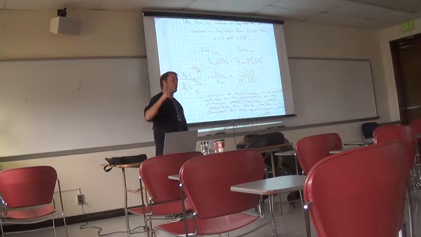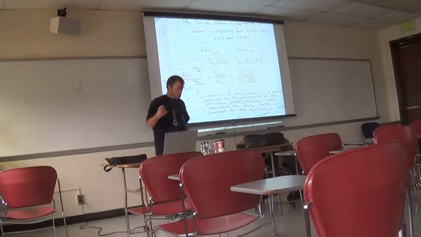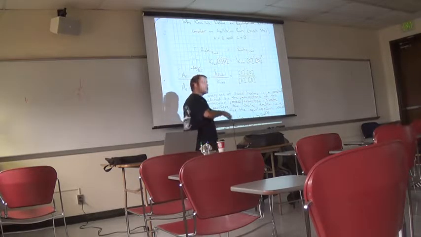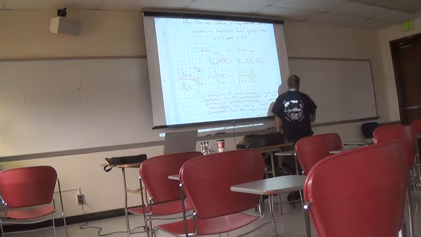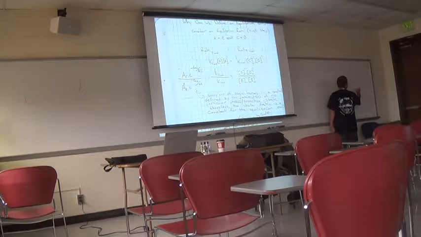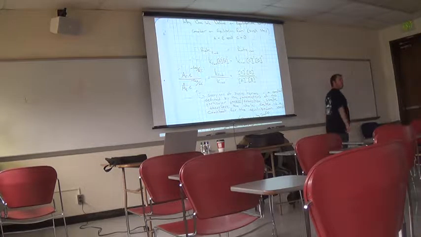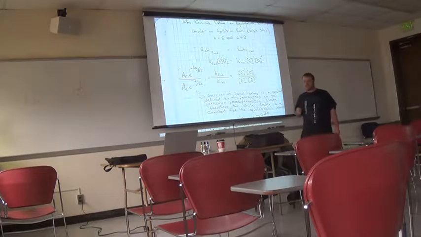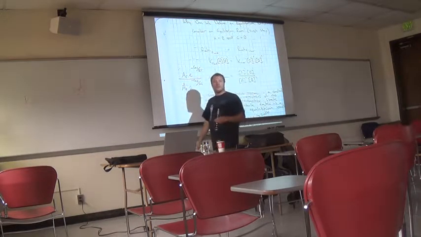For these systems, if the products have a mechanism for moving the other direction on the reaction coordinate, so we can go from reactants to products and we can go backwards from products to reactants, then your system is going to achieve a state of quote-unquote equilibrium.